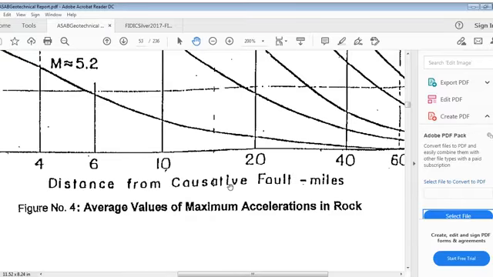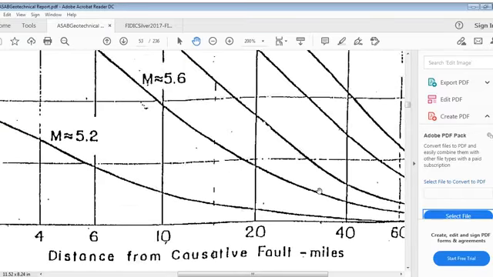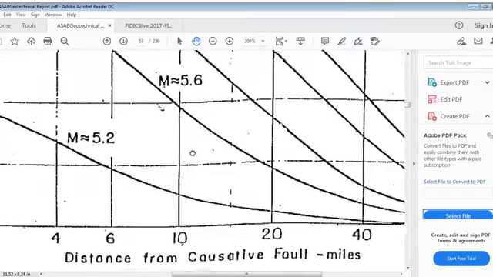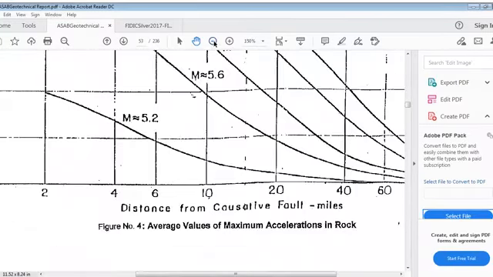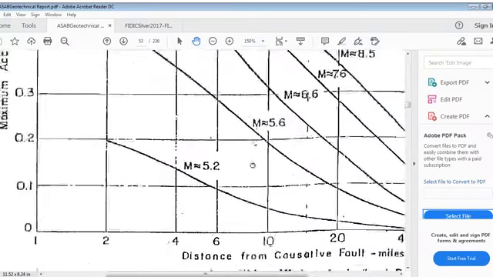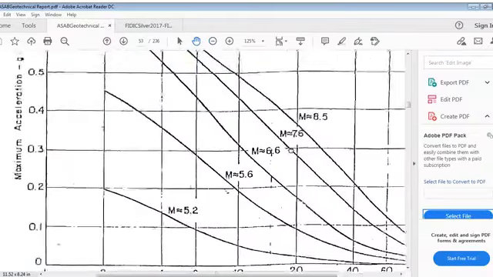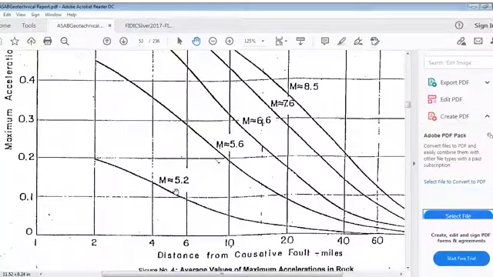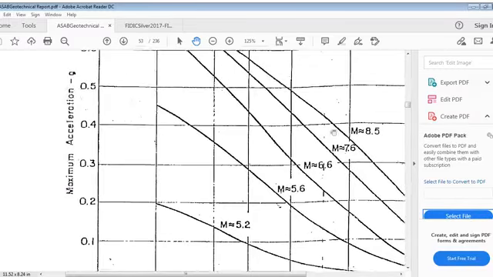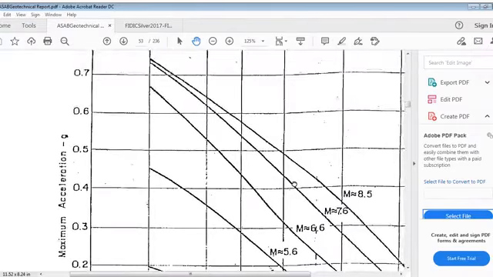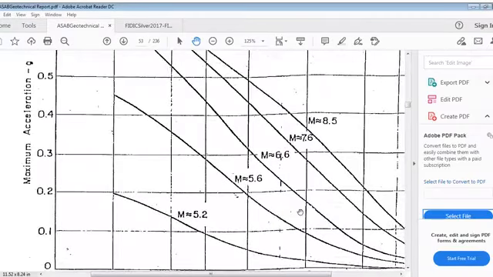So the distance from the causative fault in miles is given, and you can see these curves shown here. This curve is M equal to 5.2, M equal to 5.6, M equal to 6.6, 7.6, and 8.5. Now these are curves of various magnitudes.